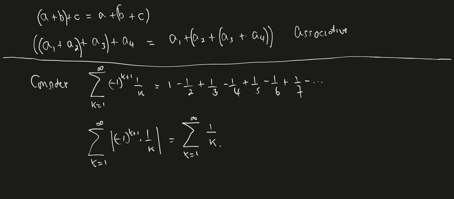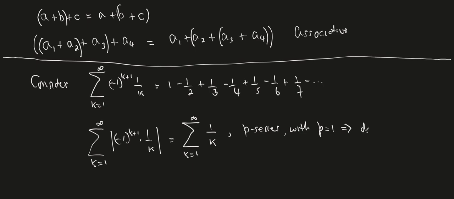It's now just the harmonic series, which we know is a p-series with p equals 1, and what that means is our harmonic series diverges, right? For a p-series, remember, p has to be greater than 1 for us to get convergence. So what this means is we do not have absolute convergence.